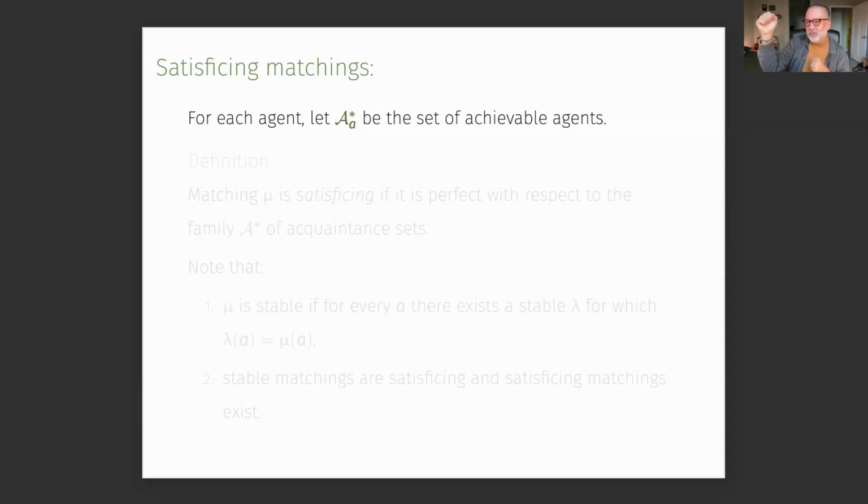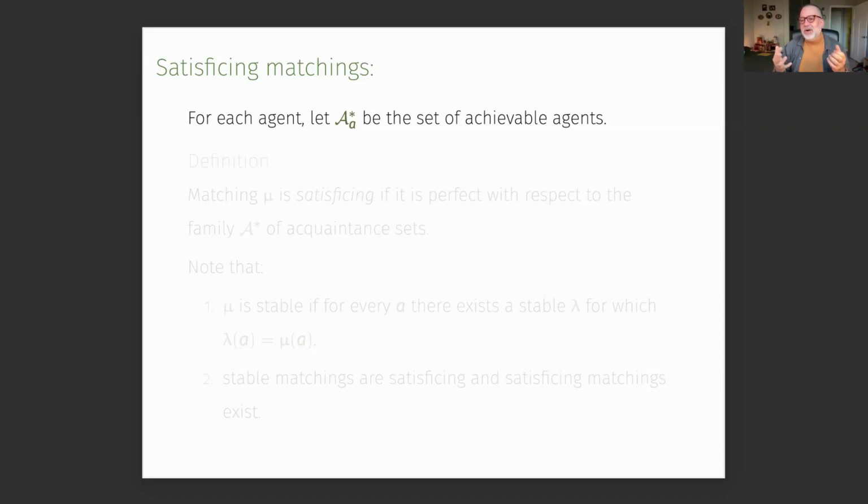That's optimizing behavior. That's Gale and Shapley. We're going to say that if Beatrice is perfect for Andres in some matching, in some description of what's happening in the rest of the market, then we're going to say that Beatrice is good enough for Andres in any case.